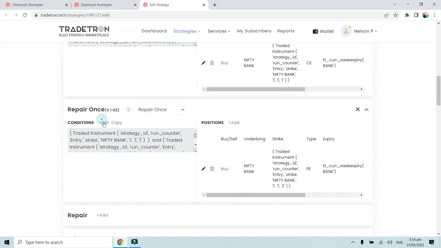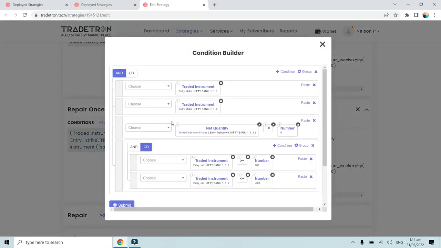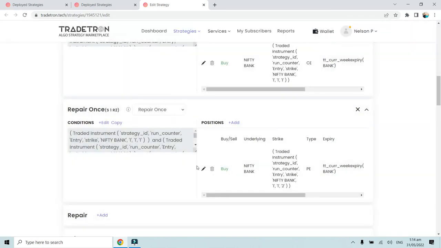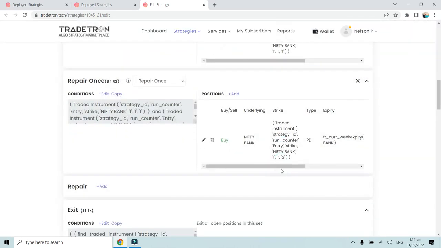Then it will exit this call option, that is strike number 111, as you can see over here. That call option will square off. Similarly, there is another repair ones where we are checking that the net quantity of 111, the call option, is not equal to 0. That means it's open, and in that case we are checking that the PNL of 112, the put option, should be either greater than 200 or less than minus 200. Whenever that happens, the put option will be squared off.